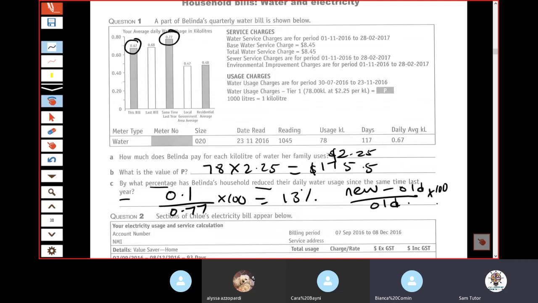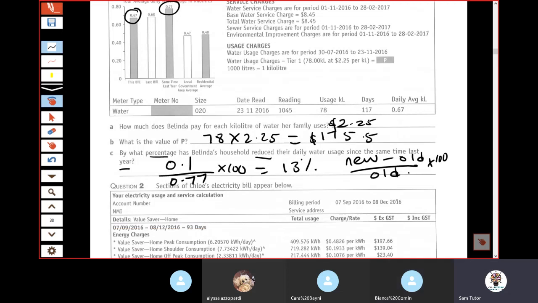Yeah, nice. So you could just do it that way. If you get a negative number, like you would if you used 0.67 take away 0.77 over 0.77, a negative just means you've reduced it or decreased. If you get a positive, it means you've increased it.